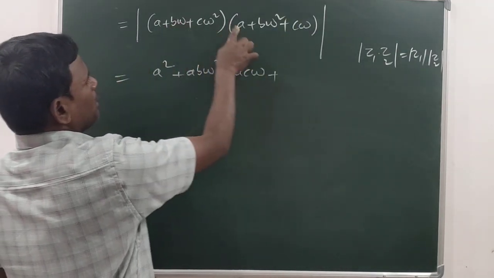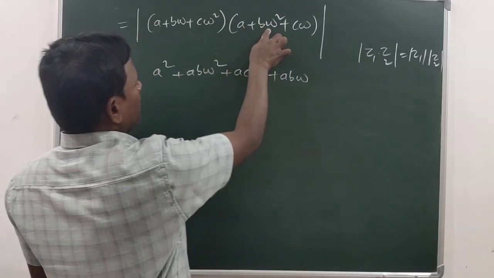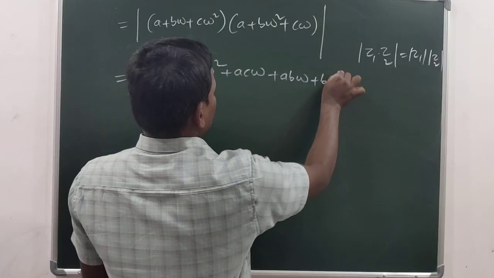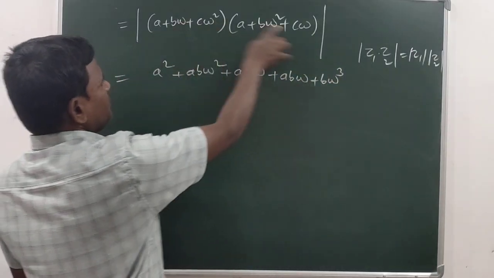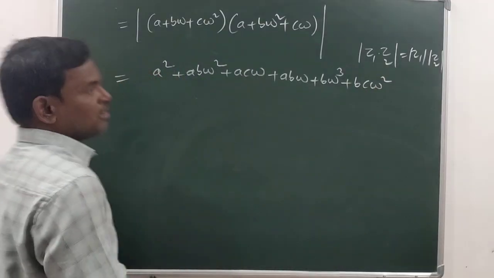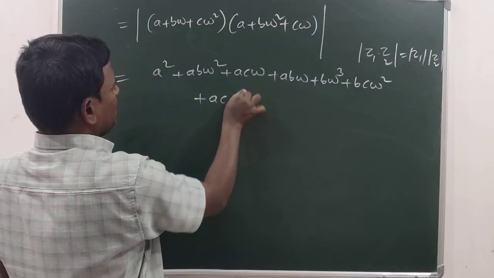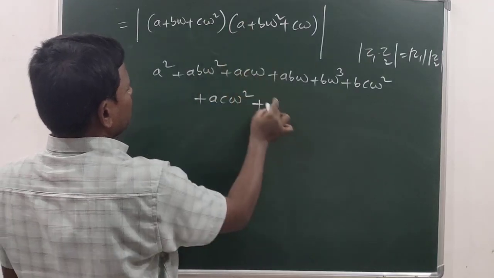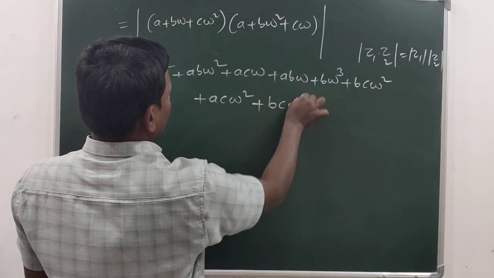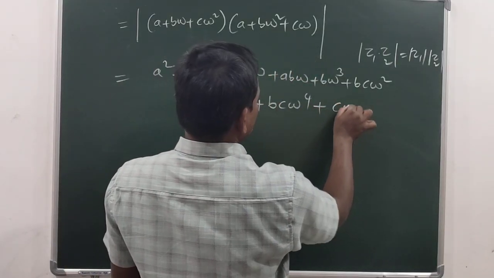Multiply b omega with these three: ab omega, b omega cube, bc omega square. Now c omega square with these: ac omega square, bc omega to the power 4, and c square omega cube.